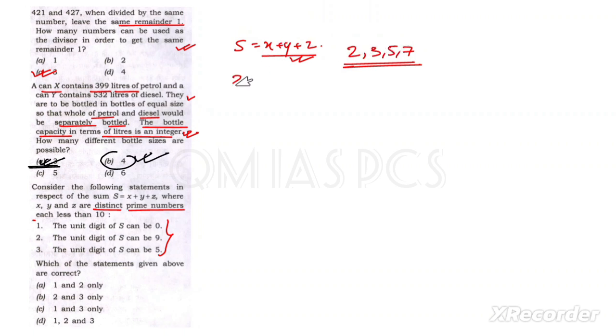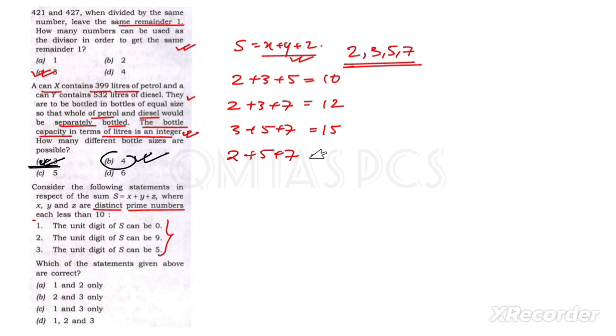If I take 2 plus 3 plus 5, if I take 2 plus 3 plus 7, if I take 3 plus 5 plus 7, and one more possibility, that is 2 plus 5 plus 7. I guess I'm doing right. So it will be 10, it will be 12, it will be 15, and 14.